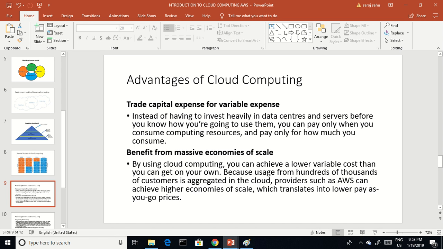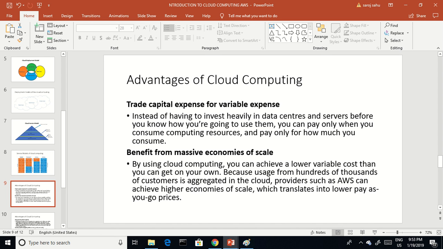That is the first benefit. And if you use a huge amount of services, you can get some discounts. That is called benefiting from massive economies of scale. If you expand your cloud services and utilize many servers, many services, then the cloud providers will give you some discount. The benefit for the company is huge.